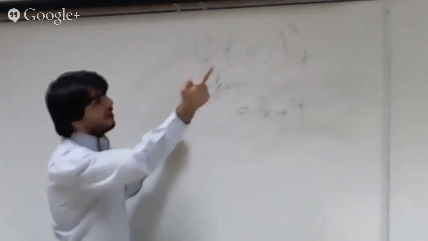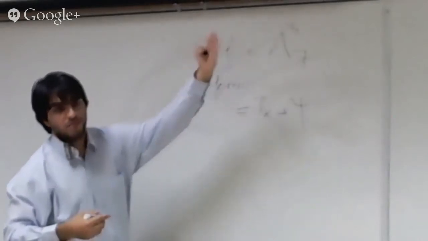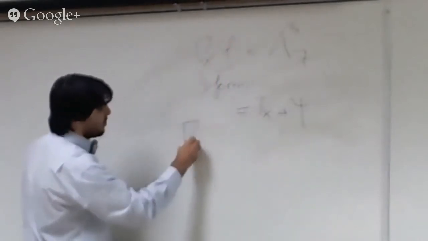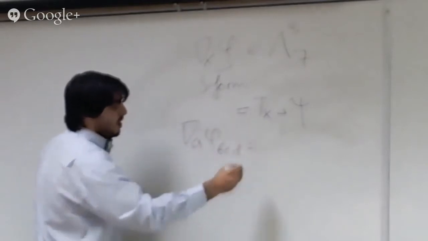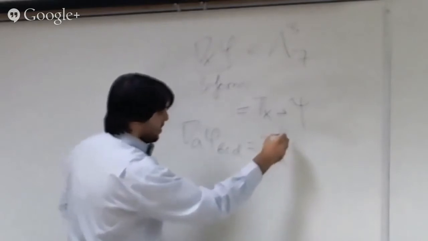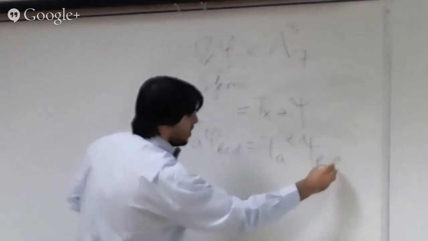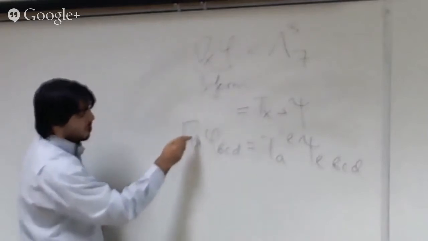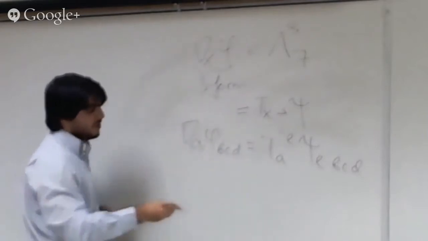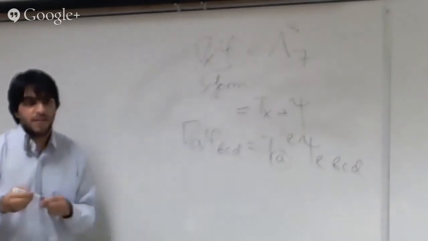So really, what we have is a 2-tensor T. So we can thus write down nabla_a phi_bcd as some T_a^e psi_ebcd. So the x would go on this index a on the left and on this index a on the right.